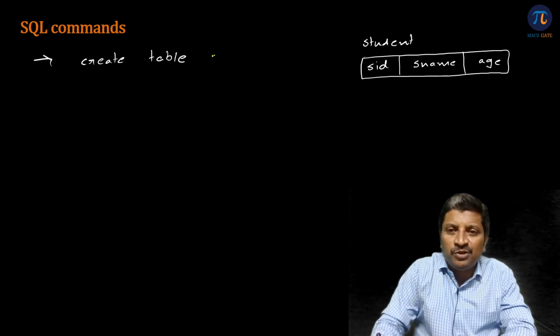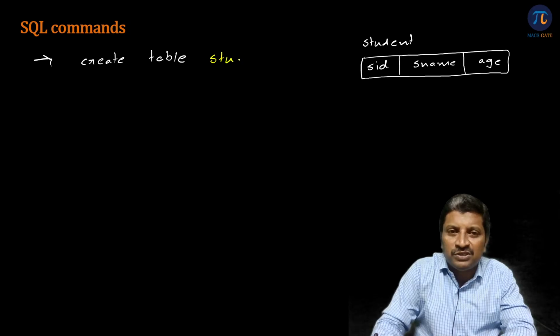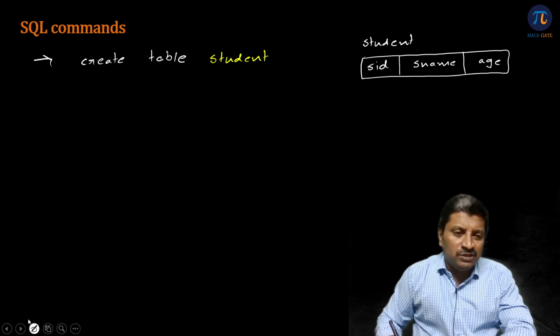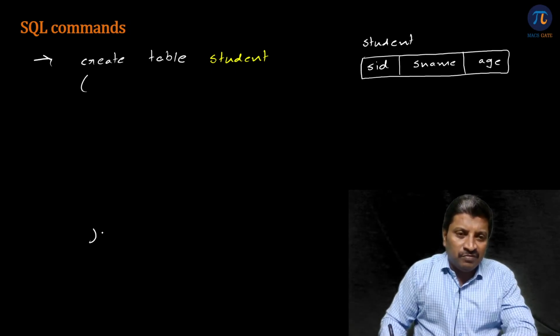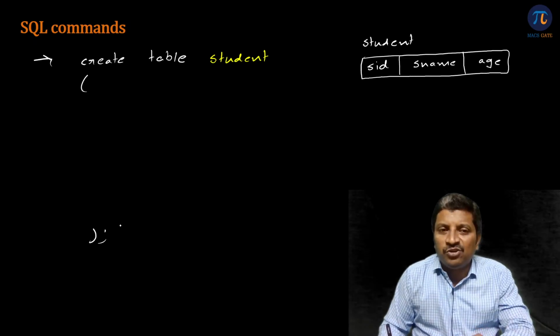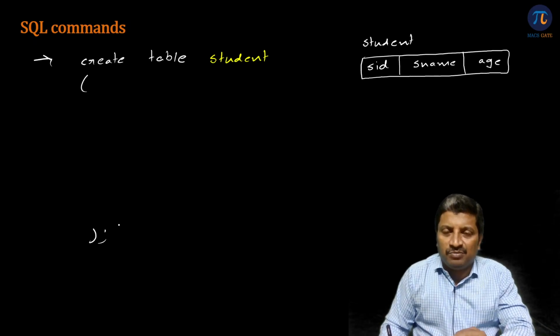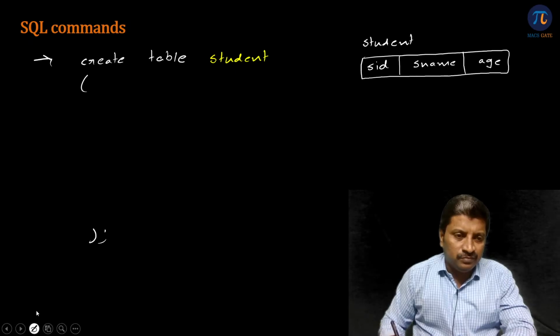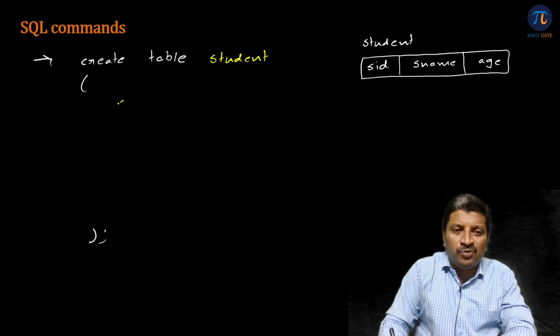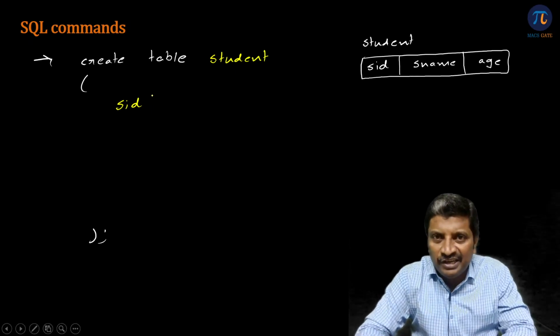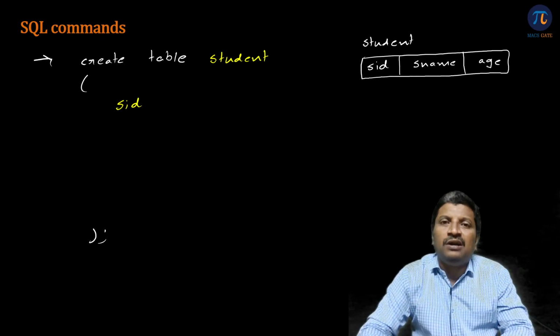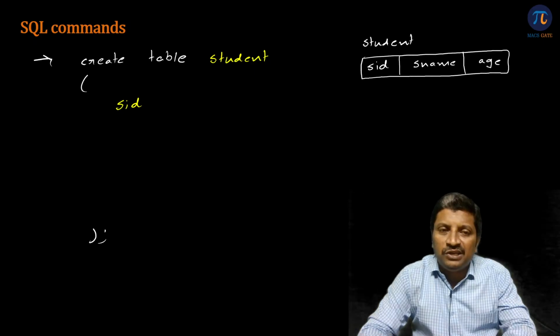Then what is the table name? The table name is student. Now we need to specify the attribute names or the column names. What is the first attribute? SID. And for SID, we want to take only integers.